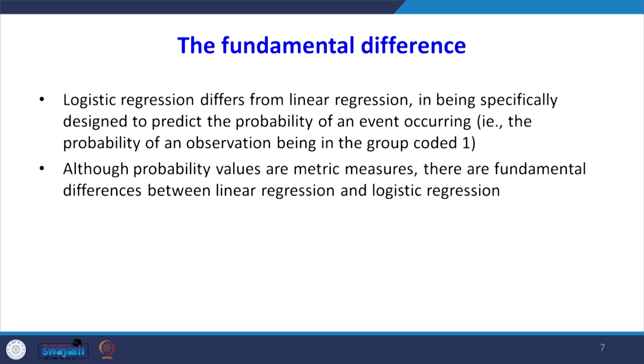Although the probability values are metric measures, there are fundamental differences between linear and logistic regression. Even though we can say the probability value is metric, there are two possibilities, it may be 0 or 1. So, we may get different probabilities when we go for logistic regression.